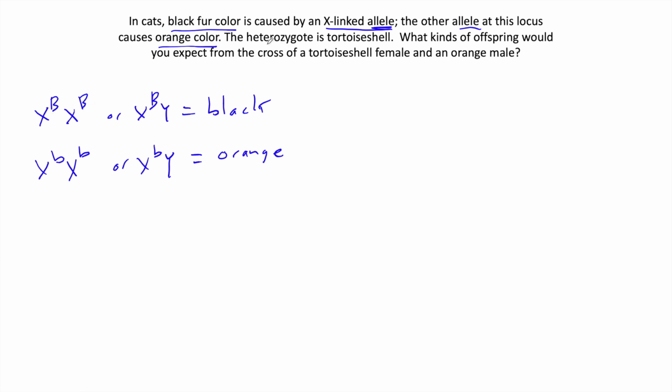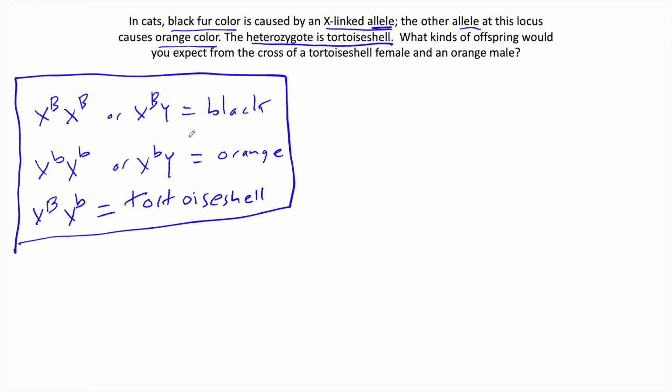The reason is because the heterozygote is tortoiseshell color. So if you're X big B, X little b, you're not black or orange, you're tortoiseshell. Now I made myself a little key, so I keep in mind what I'm looking for.